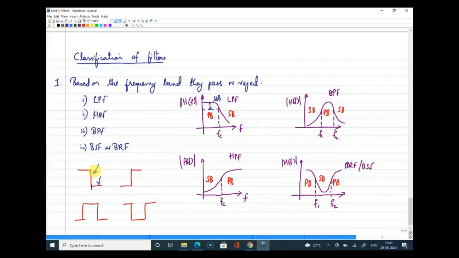The answer is that whenever we realize these filters, we realize them with the help of components, and when we say components, we have resistors, capacitors, inductors as passive components. Depending on the way you implement the filter, you are relying on realistic components, the RLC passive components or active components. And we know that none of the components are ideal in practice.